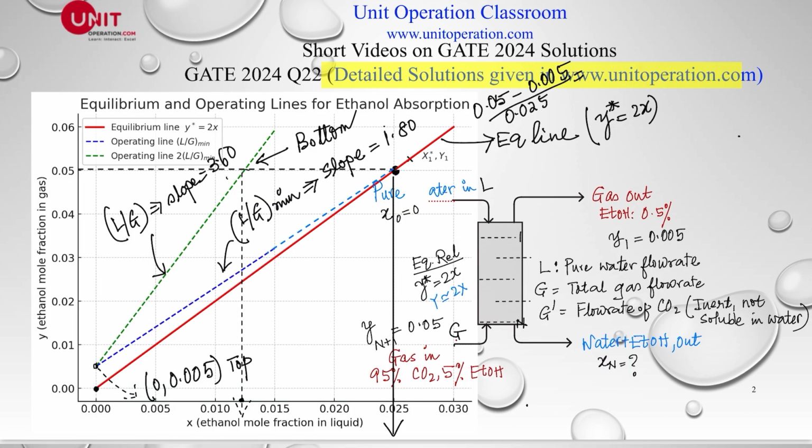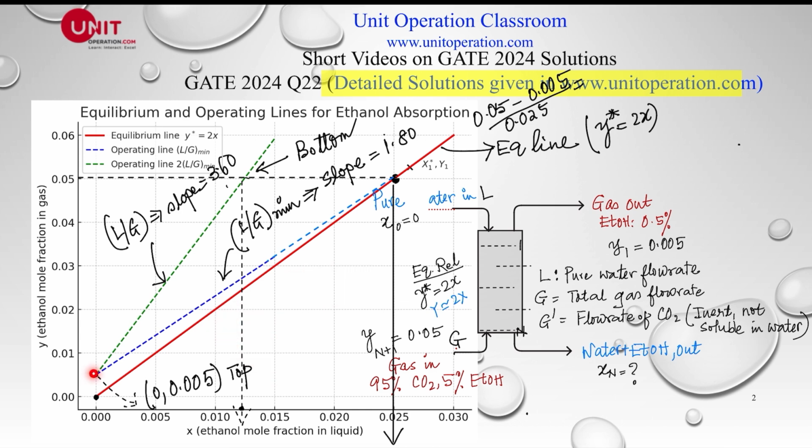Let's look at the operating line and the equilibrium lines here on the XY diagram. So these are actually capital X and this is capital Y on the solute-free basis. So this is my equilibrium line, that is y star is equal to 2x. And this is the operating line here. This is the top, which is 0.005.